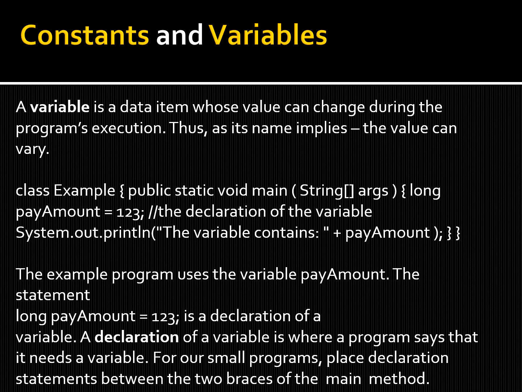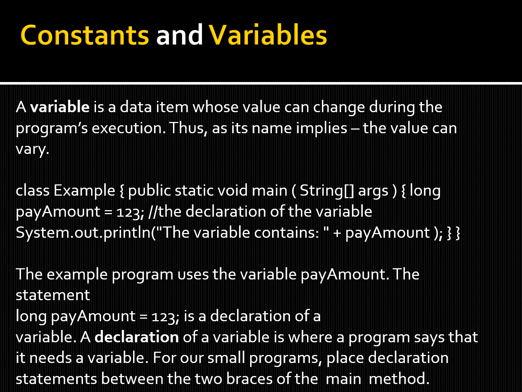So, a variable is a data item whose value can change during the program's execution. So, kapag tinawag na variable, hindi siya katulad ng constant. Sa variable, pwede siyang ma-change sa pag-execute mo ng program, depende sa kung anong ilalagay sa kanya.